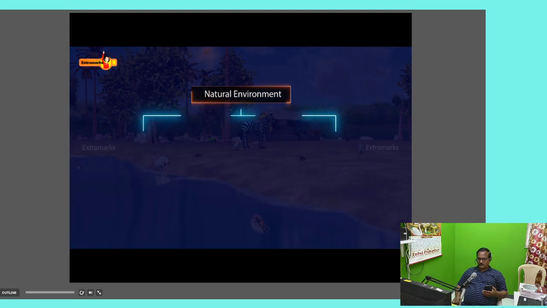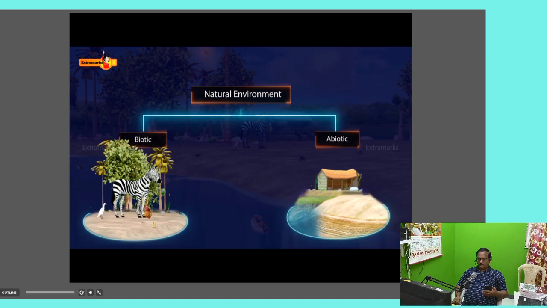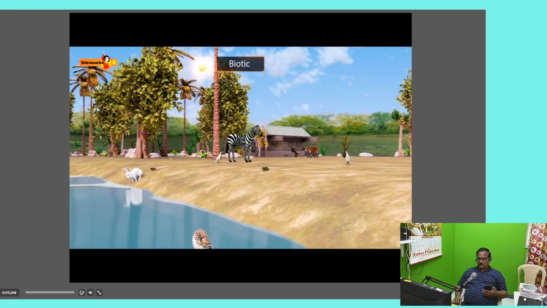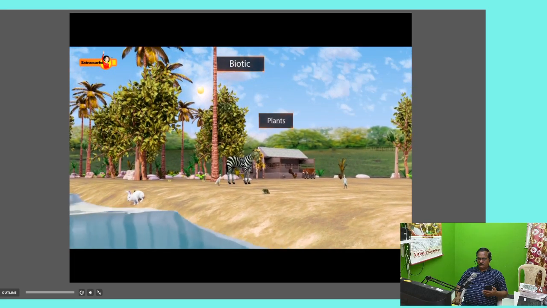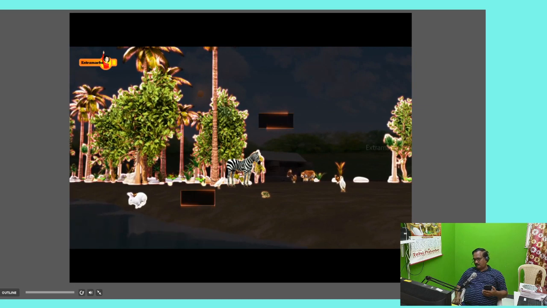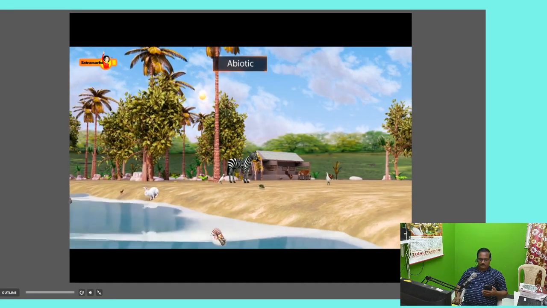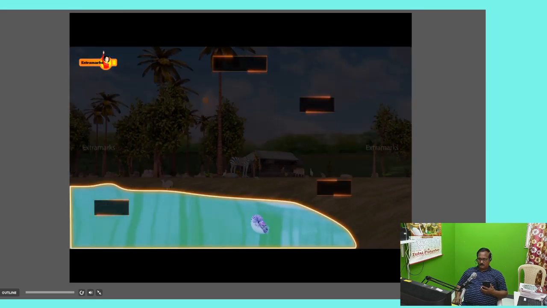Natural environment refers to both biotic as well as abiotic conditions existing on the earth. The biotic component of natural environment includes all the living organisms like plants and animals, while the abiotic component includes all the non-living elements like land, air, water, etc.